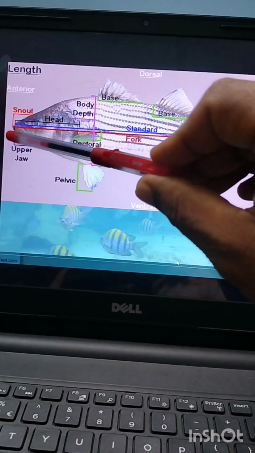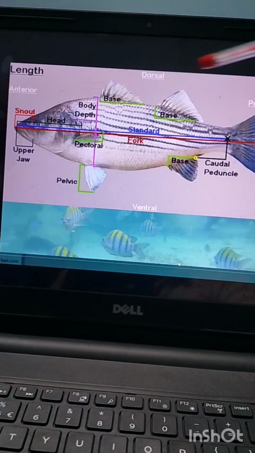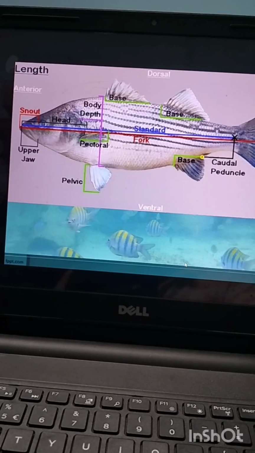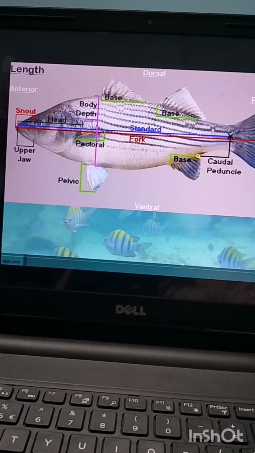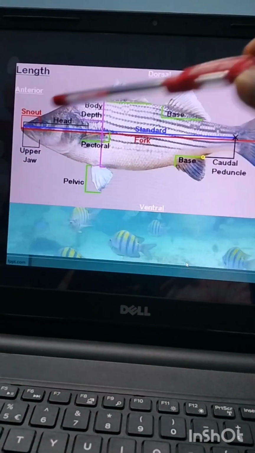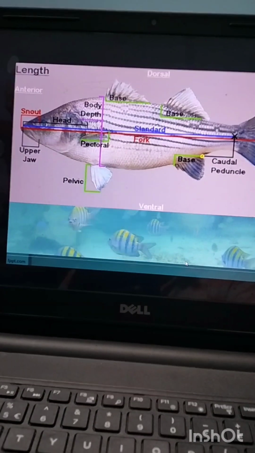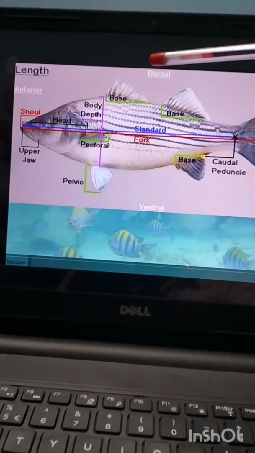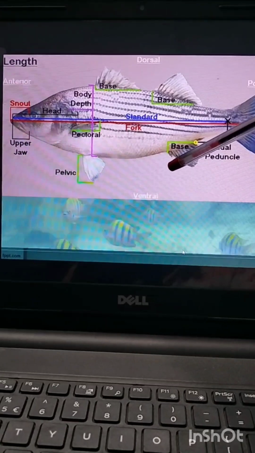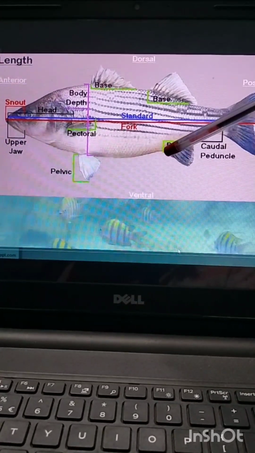The front portion is called anterior, and the back portion, that is the tail region, is called posterior. The head you can say is anterior and the tail region is posterior. The upper portion is dorsal and the lower portion is ventral. These are the things you should know.